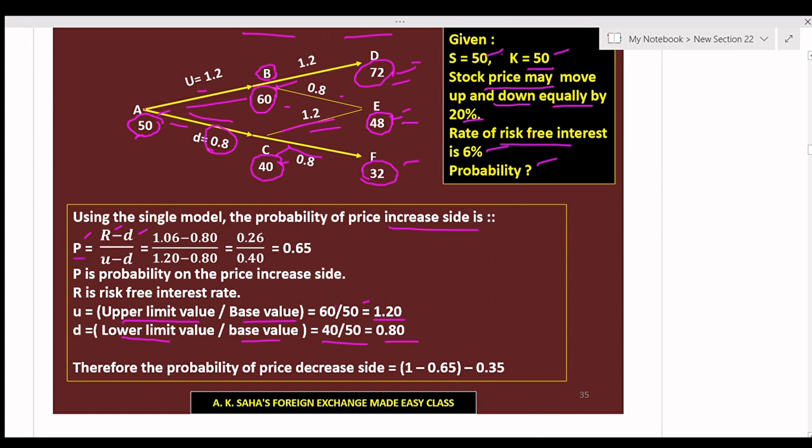Put the values here, you will get probability (R minus 0.8) by (1.2 minus 0.8), which is equal to 0.65. It is on the increasing side. So on the decreasing side, the probability will be 1 minus 0.65 is equal to 0.35.